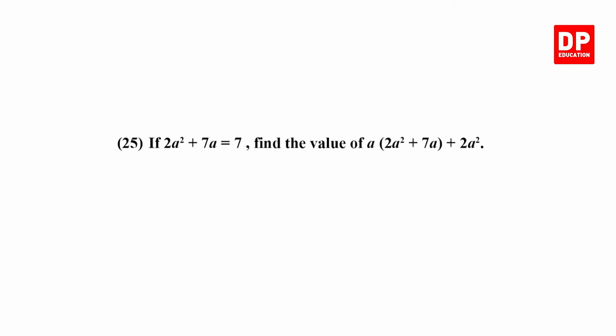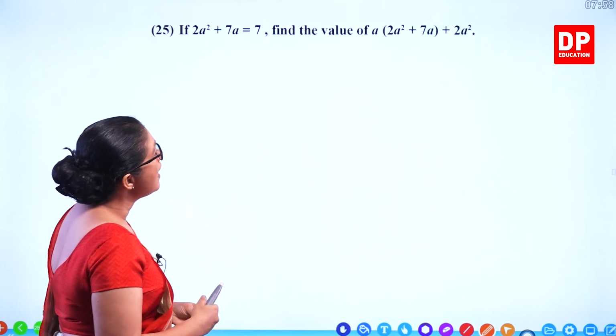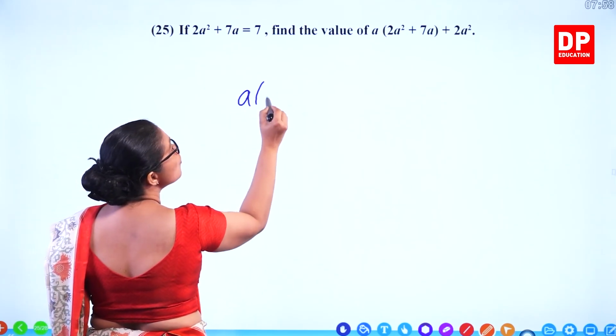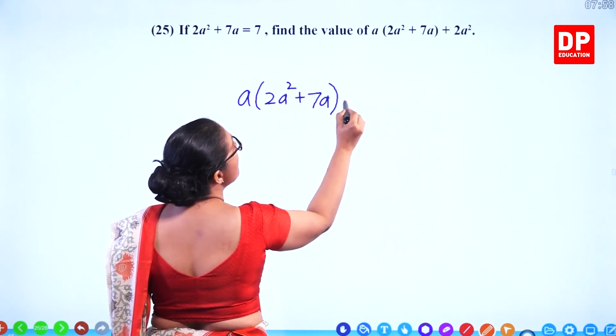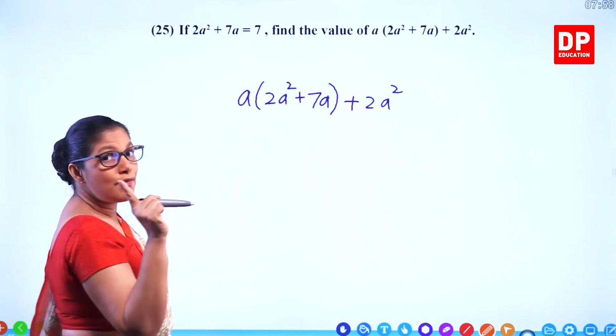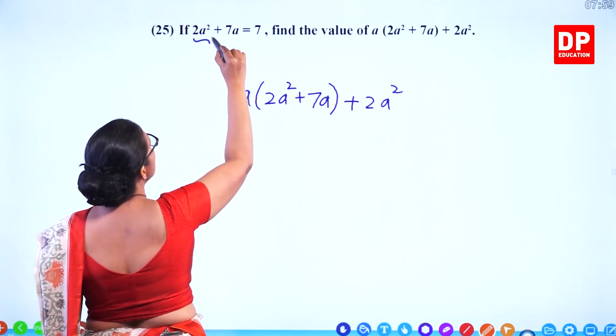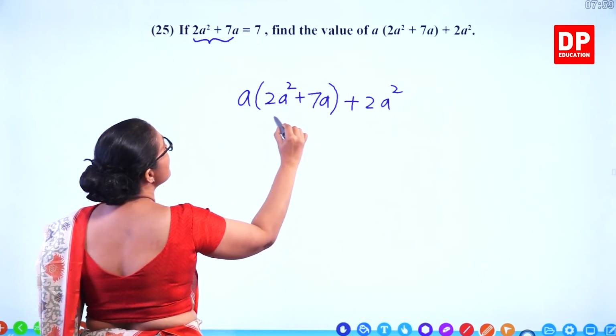Question number 25. If 2a squared plus 7a equals 7, find the value of a times 2a squared plus 7a plus 2a squared. Now straight away we can plug in. This one is 7. So here can you see? This is that part.